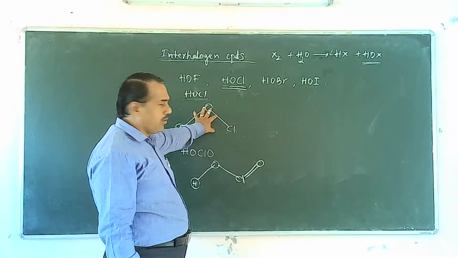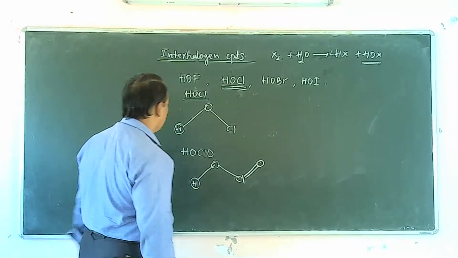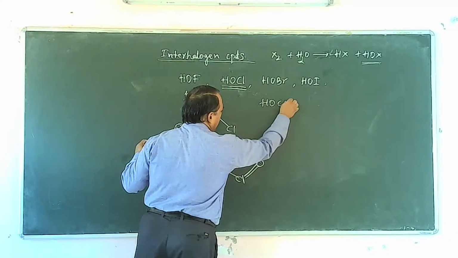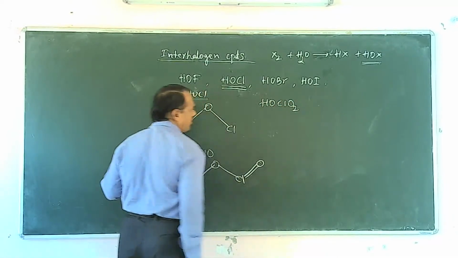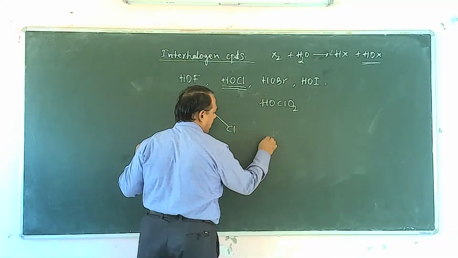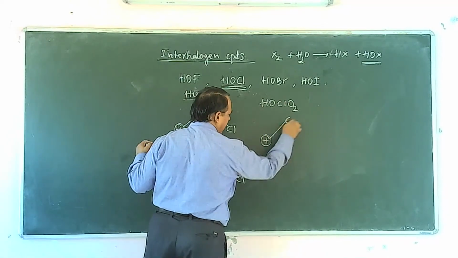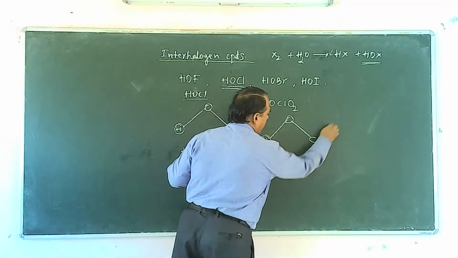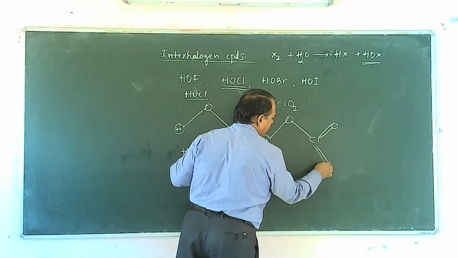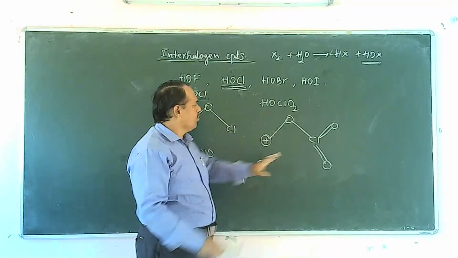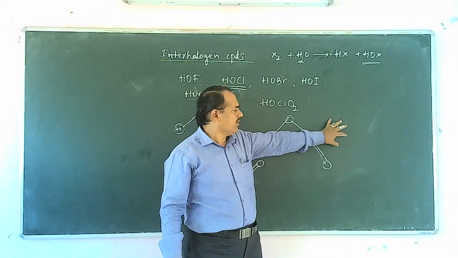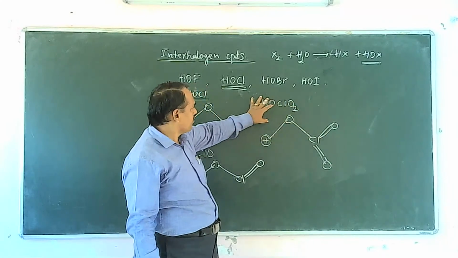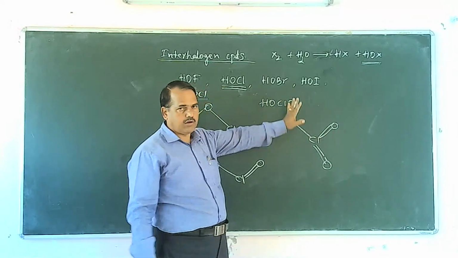It is hypochlorous. If you go for the next, HOClO2, you can easily draw. See again hydrogen, oxygen, chlorine angular, and two oxygen atoms are bonded to the chlorine atom. So this is nothing but chloric acid.